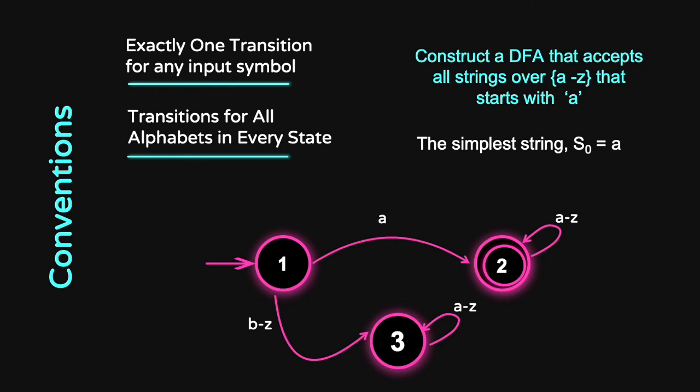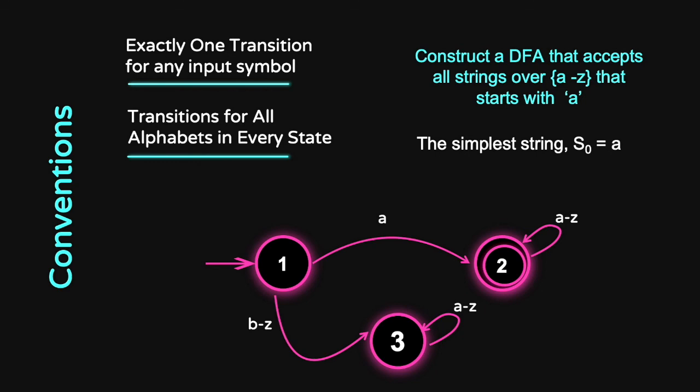However, in state 1, we have considered transition for only one input symbol, where our alphabet set contains 26 symbols. So in the starting state, if we read symbols ranging from B to Z, we can say that the string is not starting with an A. Thus, for B to Z, we go to another state 3.